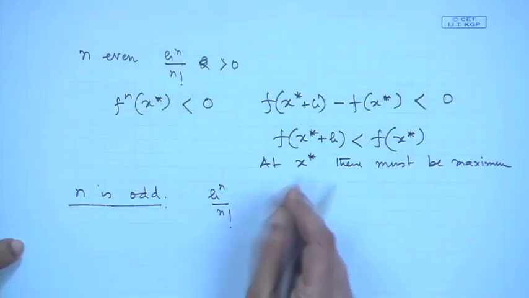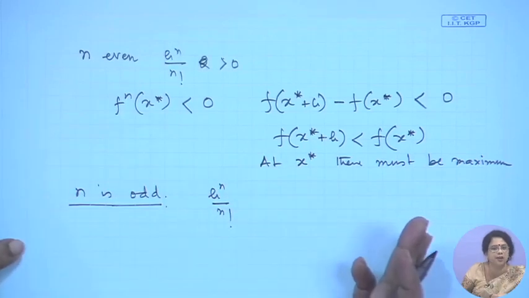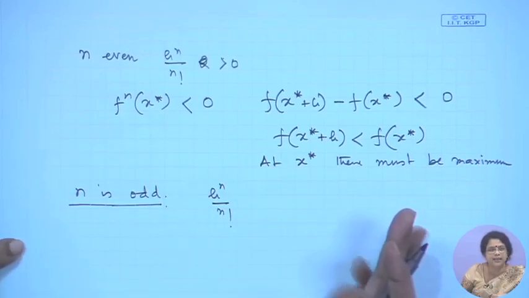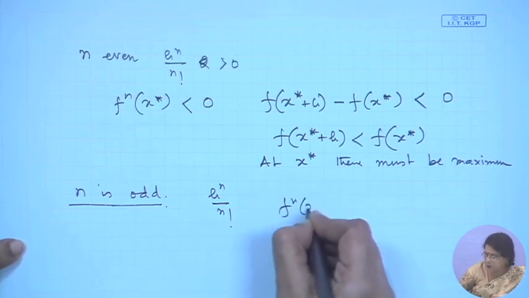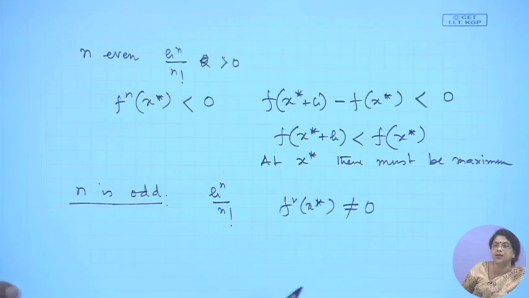Depending on the h value, this value will change its sign, positive and negative, positive and negative. That is why we cannot conclude, whether f n x star is positive or negative, anything. We cannot conclude that the function is having a minimum or maximum. That way we can say. That is why we are reaching the sufficient condition.